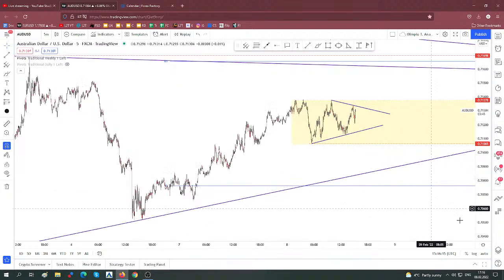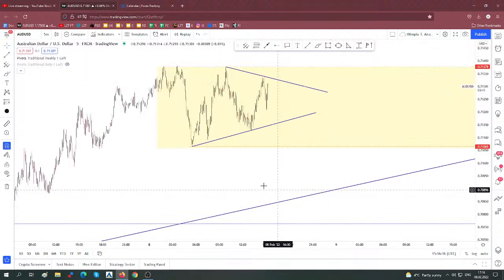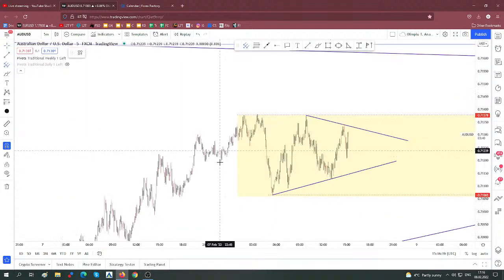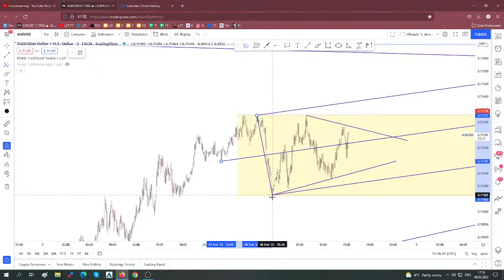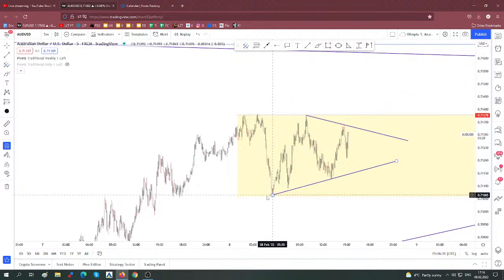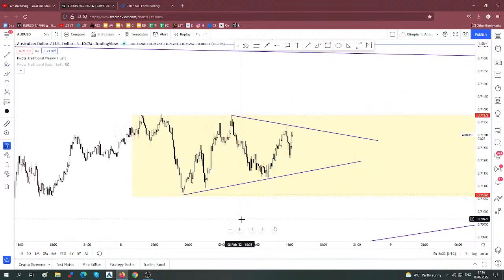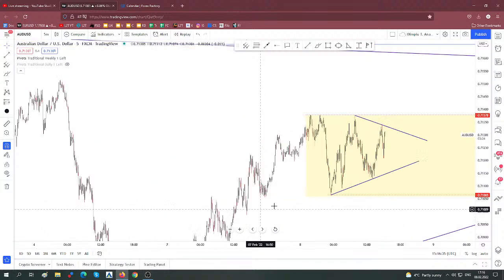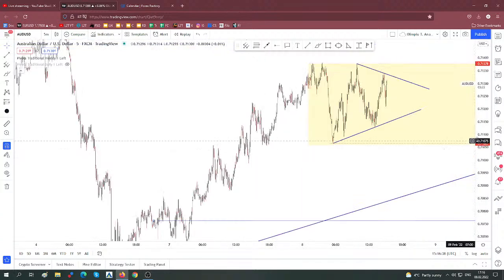Something like this. Something like this also, yeah. I don't know, so something like this, like a pattern, like a range pattern.